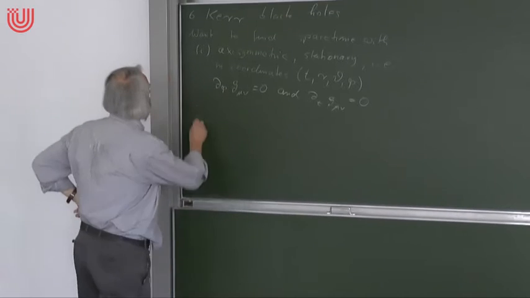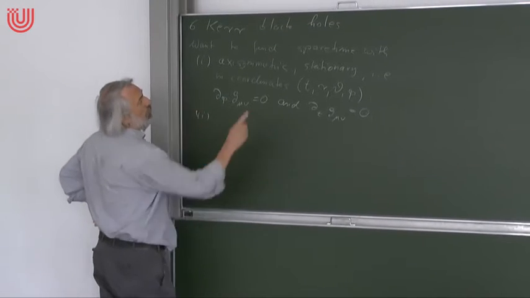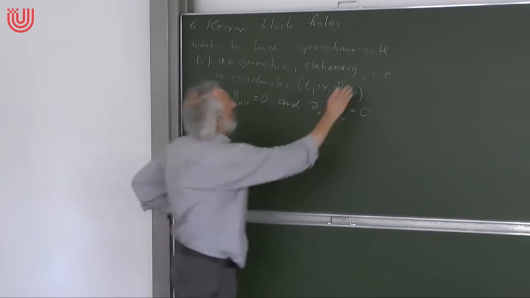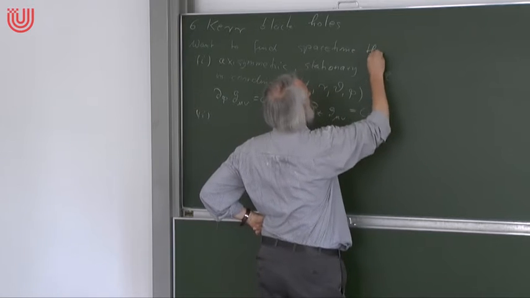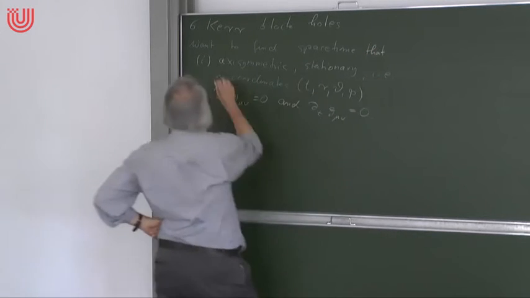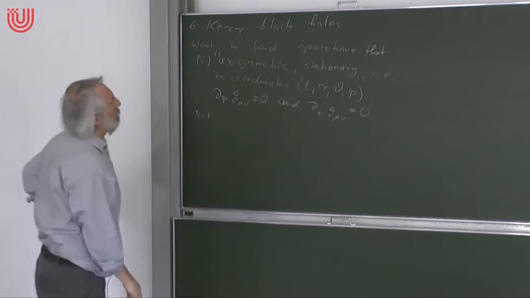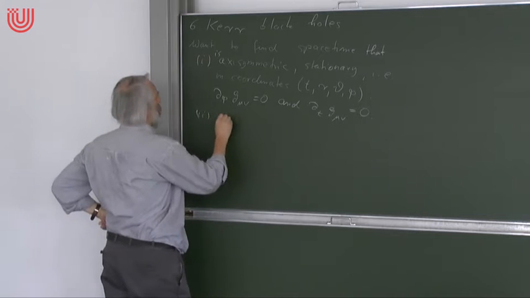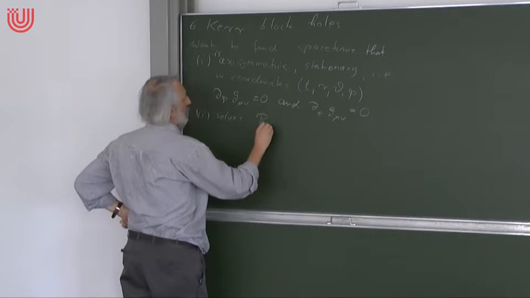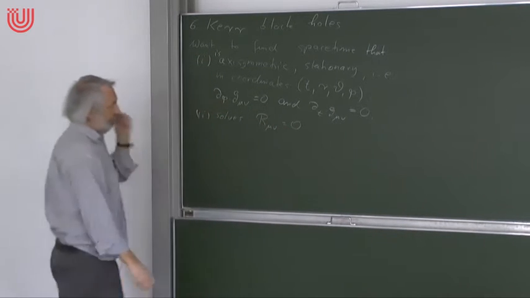And we want a spacetime that is axisymmetric and stationary, and it solves the vacuum field equation R_mu nu equals 0.